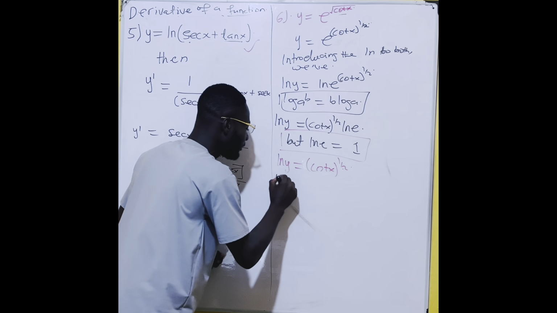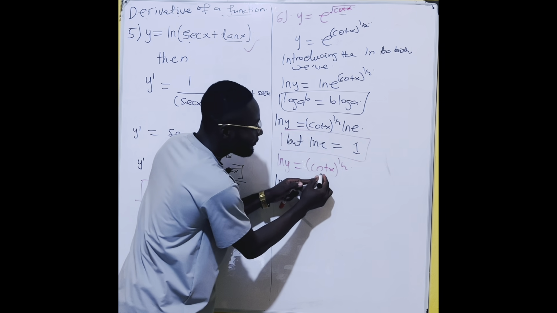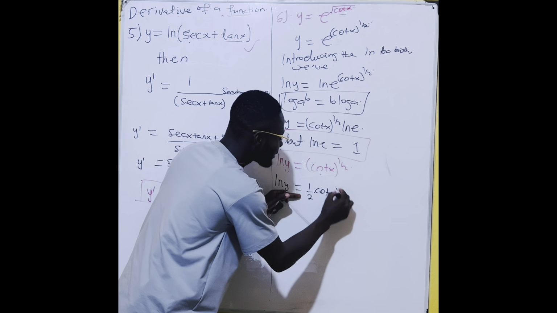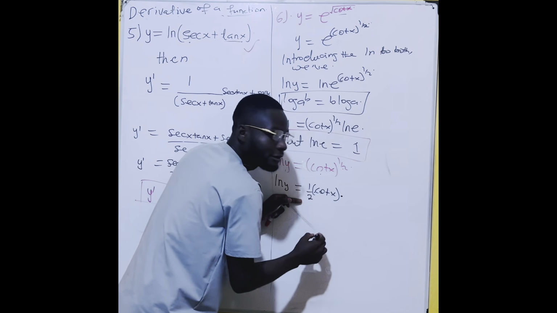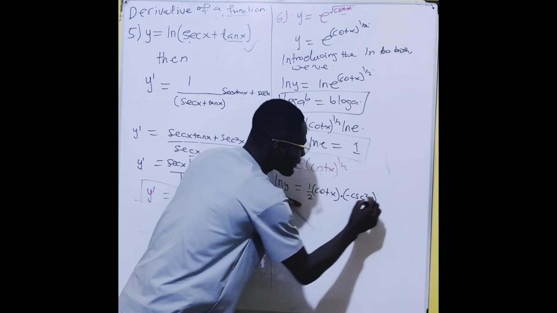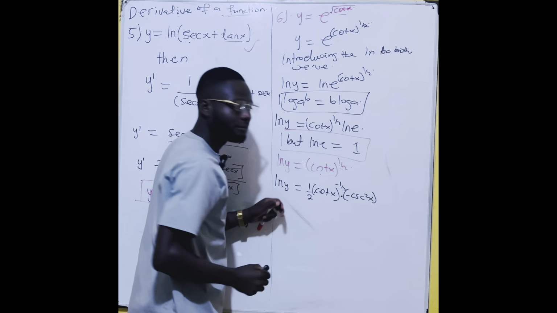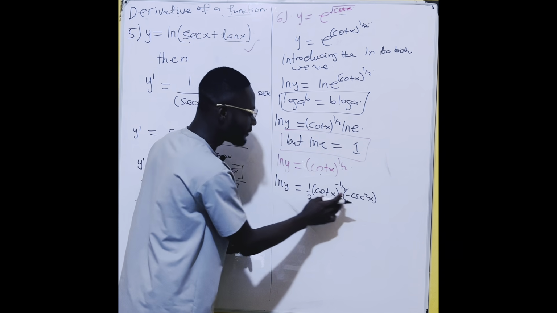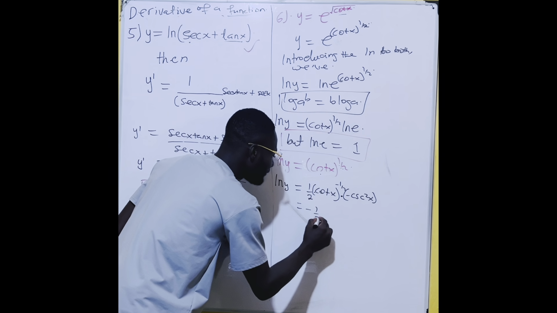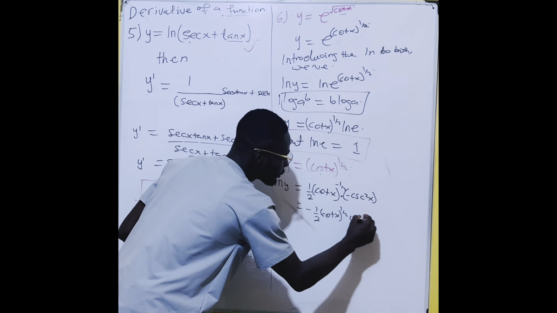So we have ln y equals half times cot x times the derivative of cot x, which is negative cosec squared x. Then we subtract 1 from half, and that is negative half. So we bring the negative here: negative half cot x exponent negative half cosec squared x.